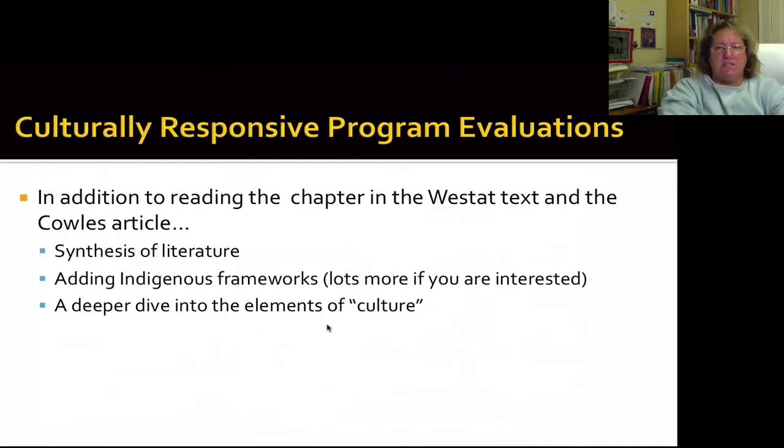What we're now going to transition to for the last part of this presentation is about culturally responsive program evaluation. So you've got the Westat text, there's a chapter in it, as well as the Cowes article. But what I'm also going to add to those synthesis of the literature is a little bit about Indigenous frameworks. There is a lot written around Indigenous frameworks in program evaluation.